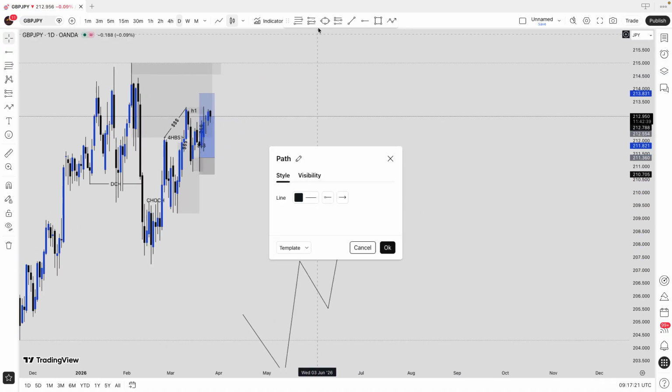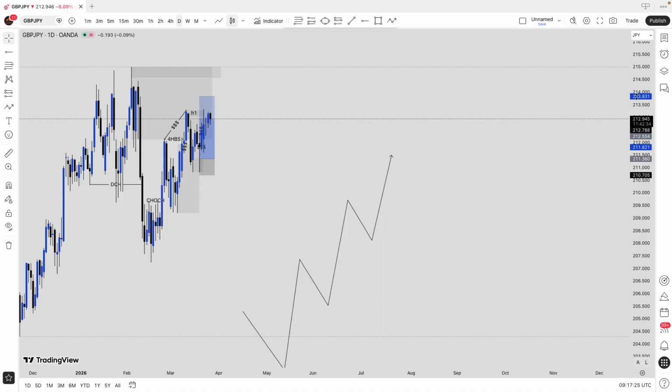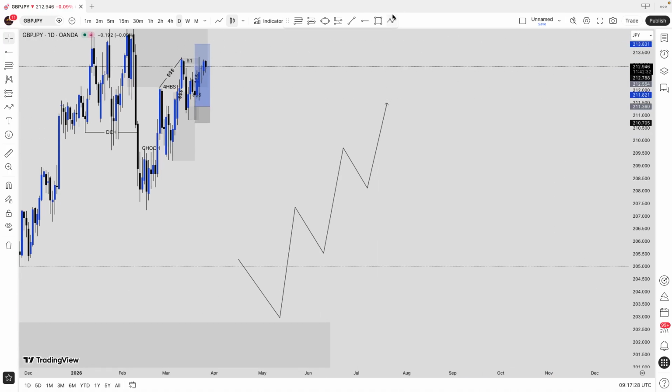But on the daily, let me just explain this. Let's say this is a daily. Let's start it from here. It creates high lows, high lows, high. Then it decided to change character, so it broke this. So on the weekly we are buying, but on the daily we are selling. That's why we come into this analysis.